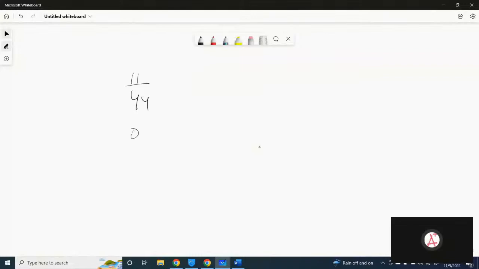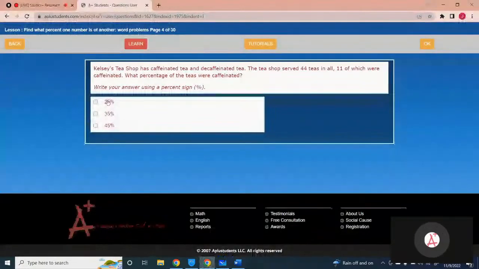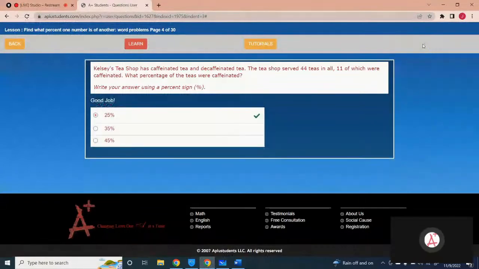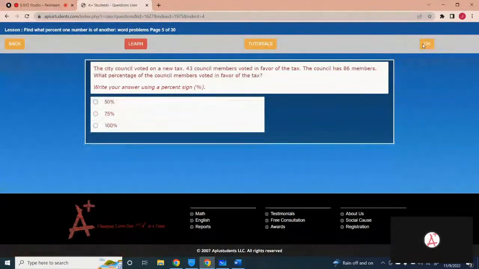It would be 0.25, and 0.25 times 100 is 25%. That means 25% of the teas were caffeinated. Got it? So just select the correct option and then click on the OK button. Got it?